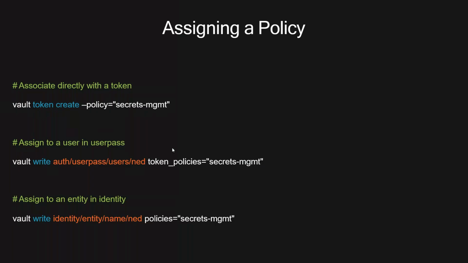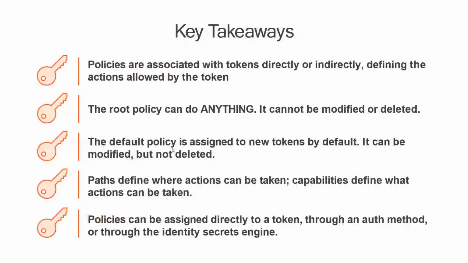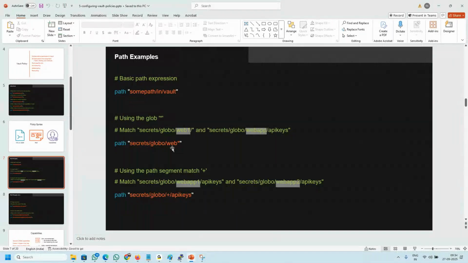So vault write, the location, and then the policy. Now the third one is if you have created any identity solutions, like using AWS or Google Cloud or something like that, you can use the entity identity and accordingly set this. That's the example. So this is the way you can assign the policies.